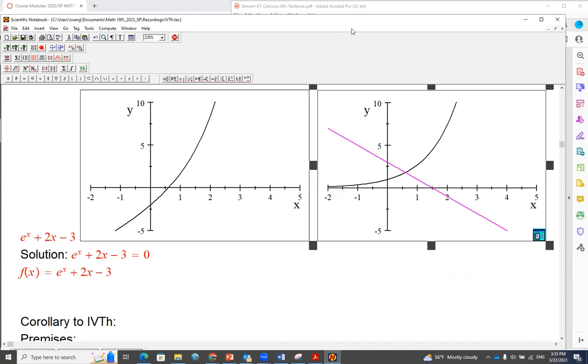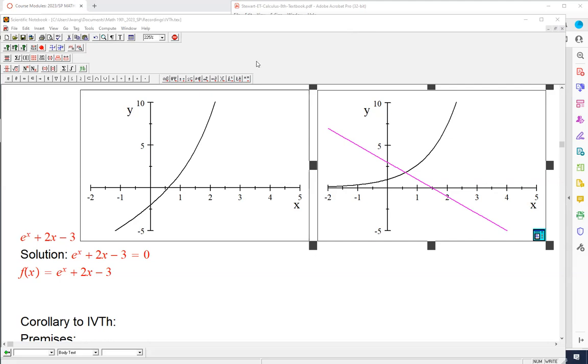The solution that was here, right? The solution we're looking for is really the point of intersection.